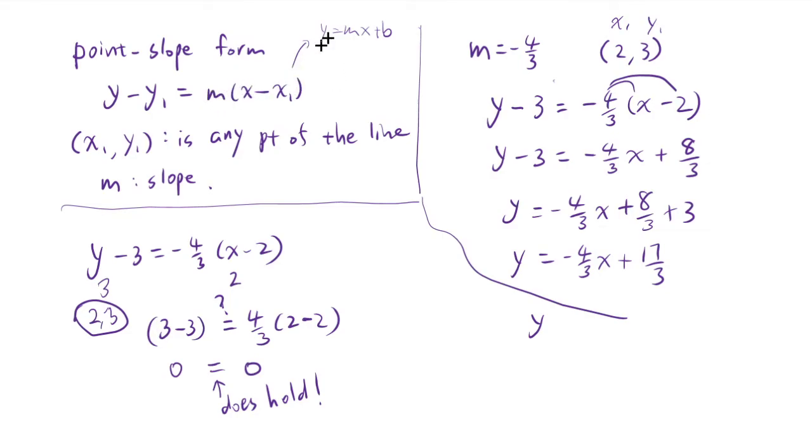So that's another way to see that the equation you're going to get at the end of the day will have the slope that you want, and the point will satisfy the equation, which means it will also pass through 2, 3. And that's why the point slope form works.